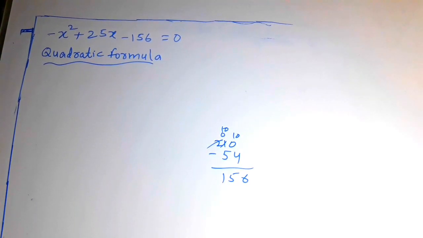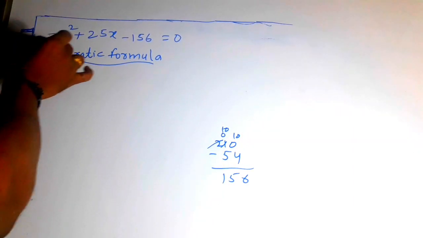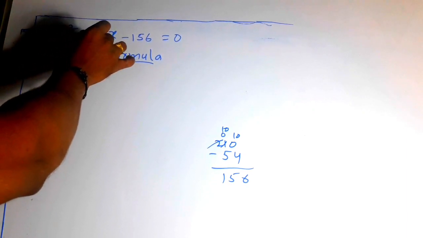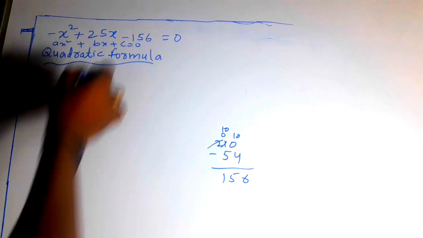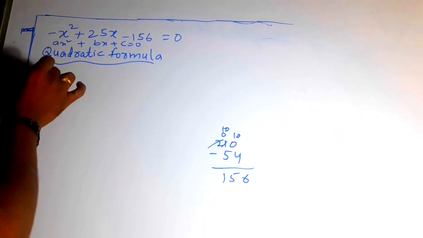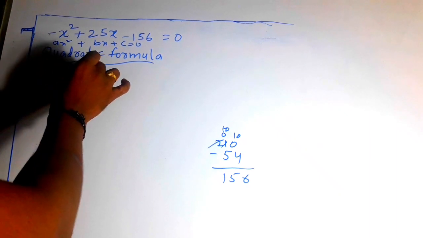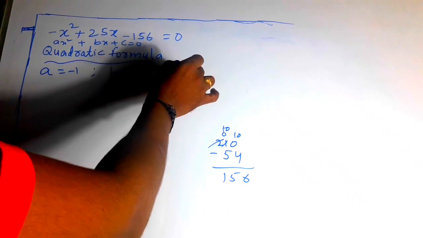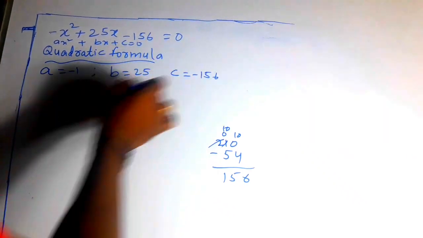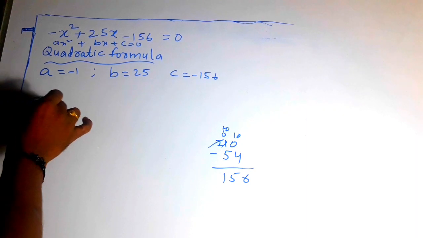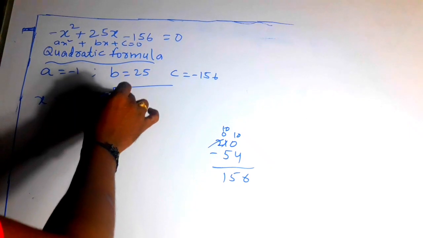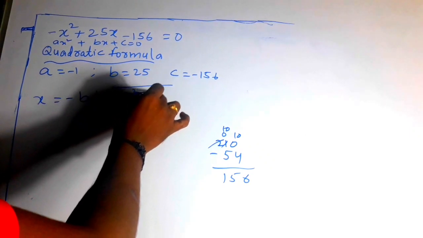So now here it is looking like ax square plus bx plus c is equal to 0. Therefore the value of a is minus 1. Value of b is 25. Value of c is minus 156. So the formula is x is equal to minus b plus or minus under root b square minus 4ac by 2a.